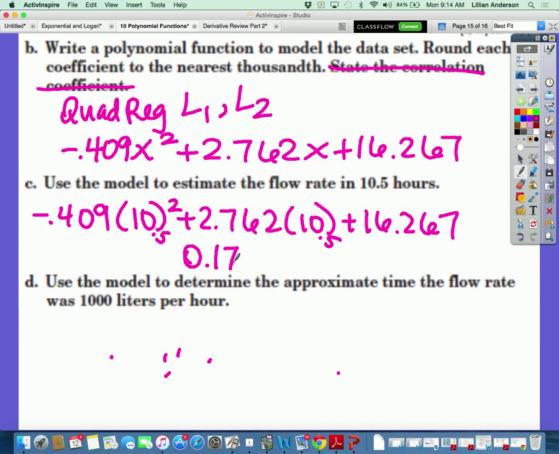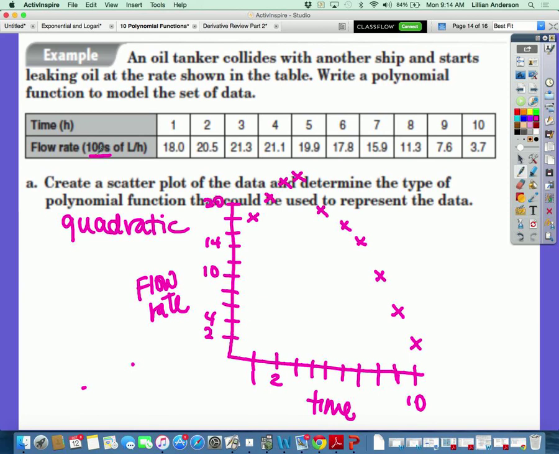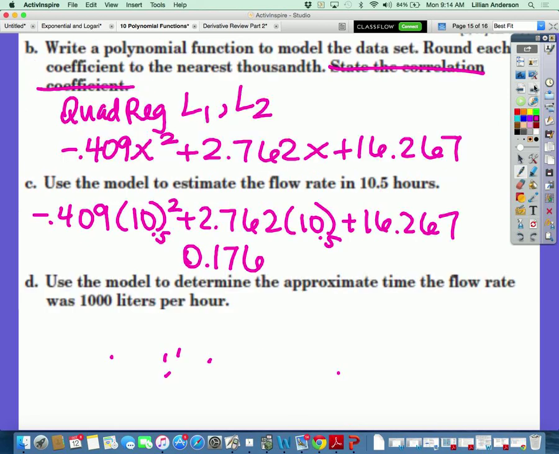So, rounding to the nearest thousandth, what do we get? 1.76. Okay? Now, realize that if you're comparing it to the data, that table said hundreds of liters per hour. So basically, it was in decimal form to represent the 100 liters per hour. So this is actually 17.6 liters per hour.